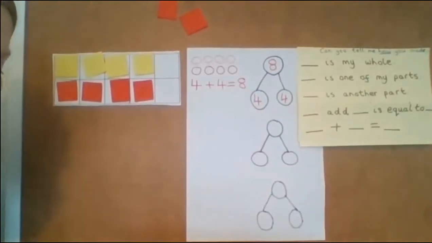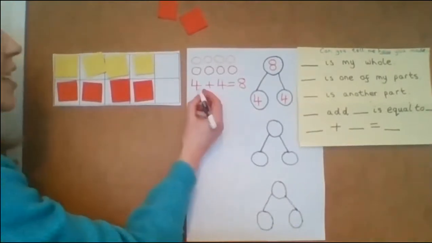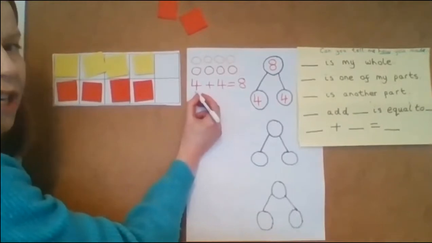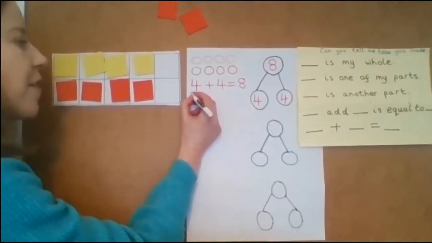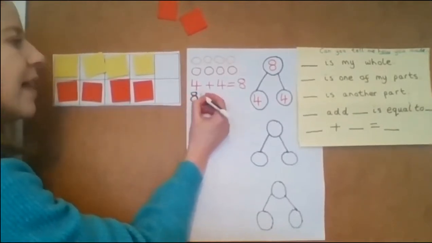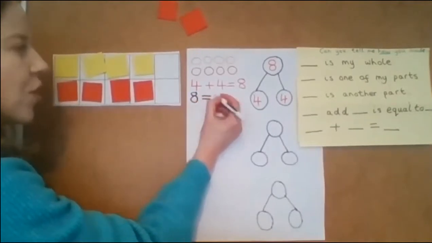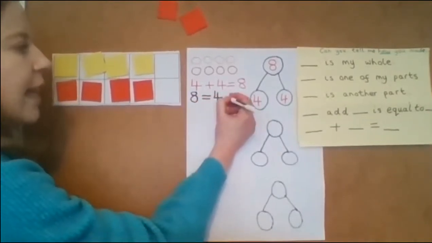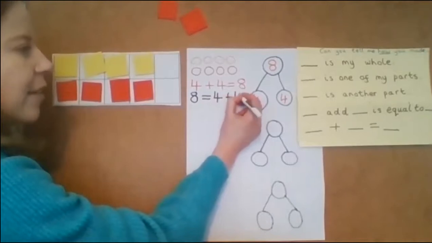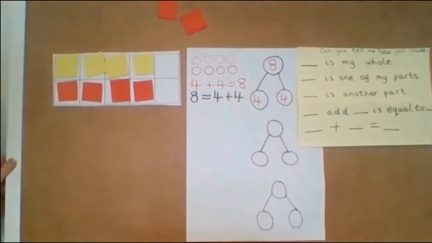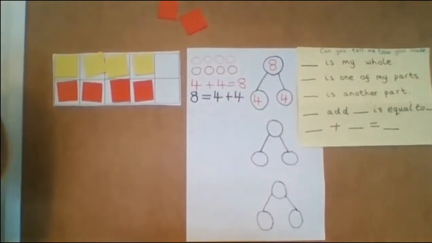But some of you might want to do the extension activity of where you can write your number calculation in a bit of a different way. So if 8 is the whole number, 8 is equal to 4 add 4.